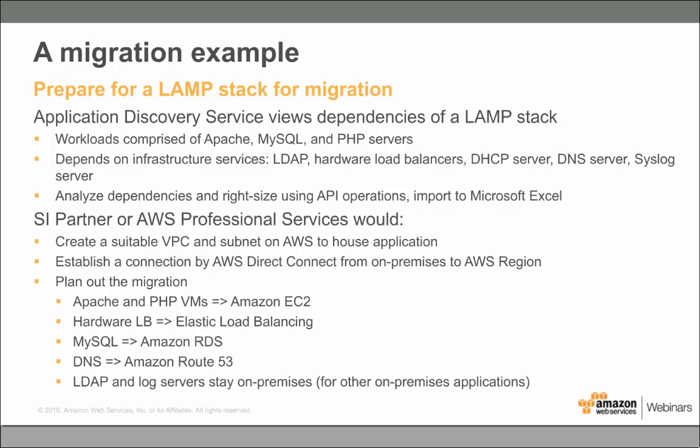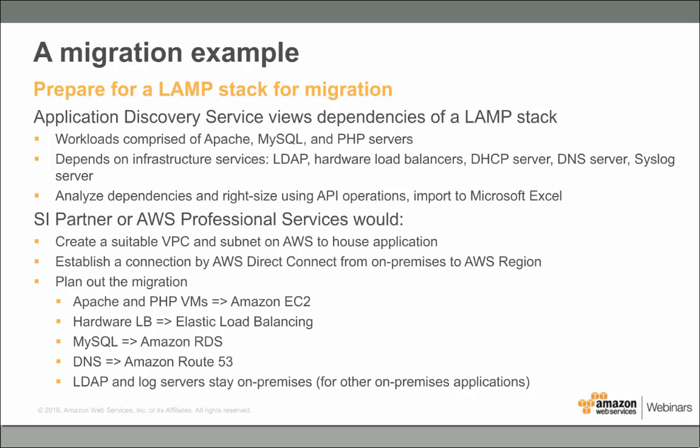And when you really think about a stack such as a LAMP stack, there will be quite a few workloads, which comprise a web server running Apache, a database server running MySQL, a PHP server, so on and so forth. There could be additional dependencies within that stack, such as you might be using LDAP for authentication, you might have load balancers, you might have DHCP servers, syslog servers, so on and so forth.